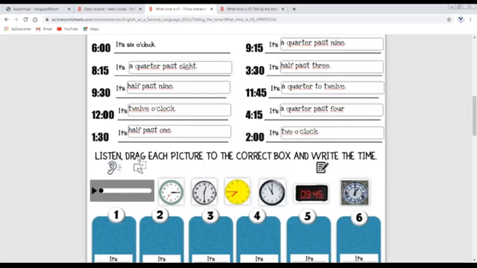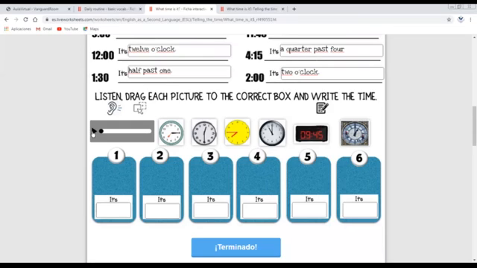So now, after that, listen, drag each picture to the correct box and write the time. What time is it? 1. It's 11 o'clock. 2.